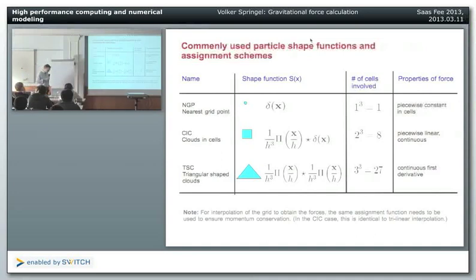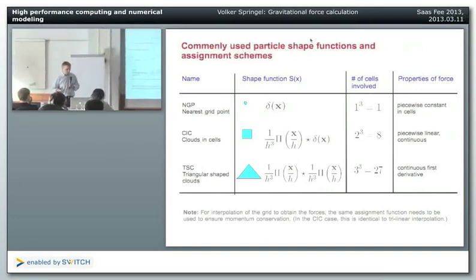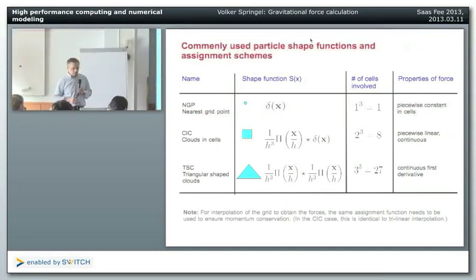There are some kind of standardized assignment functions that are often employed. And they come in different orders. The simplest assignment function is if you give this particle the shape of a Dirac delta function. If you do that, that means that when you do the convolution of a cell size with this shape, the particle will be either completely inside a cell or not.